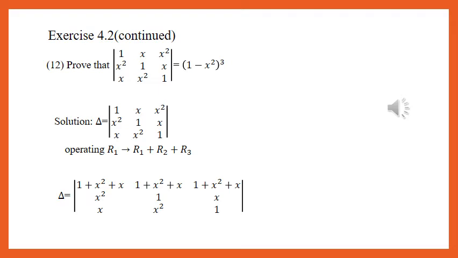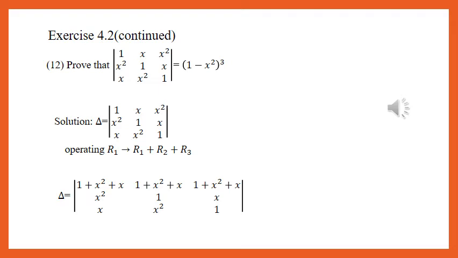Here we see that in rows and columns, only the same elements are present. So let's operate R1 changed to R1 + R2 + R3. Then delta is equal to the determinant with first row 1 + x + x², 1 + x + x², 1 + x + x², second and third rows as they are.